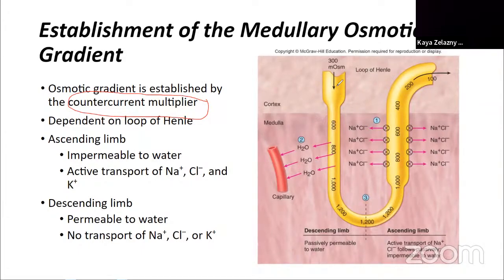In the descending limb, our fluid is moving down, and in the ascending limb, our fluid is moving up. We have water moving across the descending limb and solutes moving across the ascending limb, in opposite directions, and the action of these two things helps us establish this osmotic gradient.